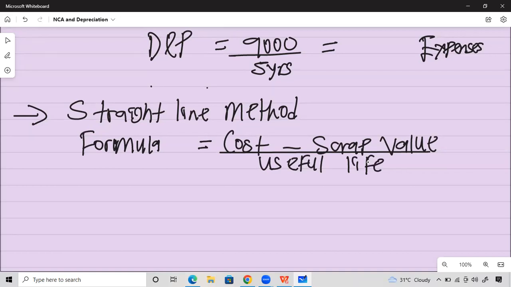So this is the method for straight line and the formula: the cost minus scrap value divided by the useful life of the asset. That is that for that.